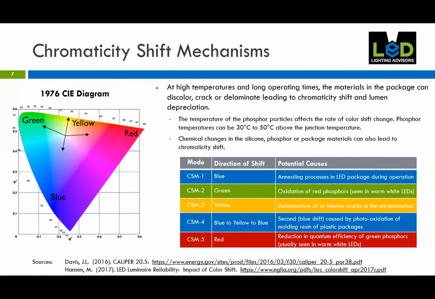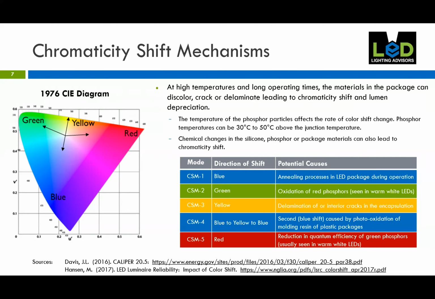So previous studies that we've embarked on have identified 5 common chromaticity shift modes, or CSMs, that were seen in many LED packages and lamps we evaluated. And these are typically due to either thermal or chemical degradation of the materials within the package.